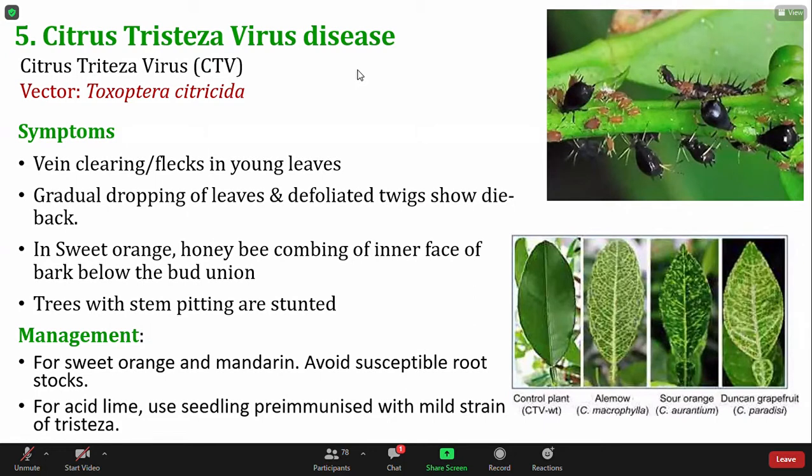Gradual dropping of leaves and the defoliation is observed. The defoliated branches or twigs look like dieback disease, right? In sweet orange, honeycomb-like interface can be observed. These interfere with the translocation. Trees with stem pitting are stunted.